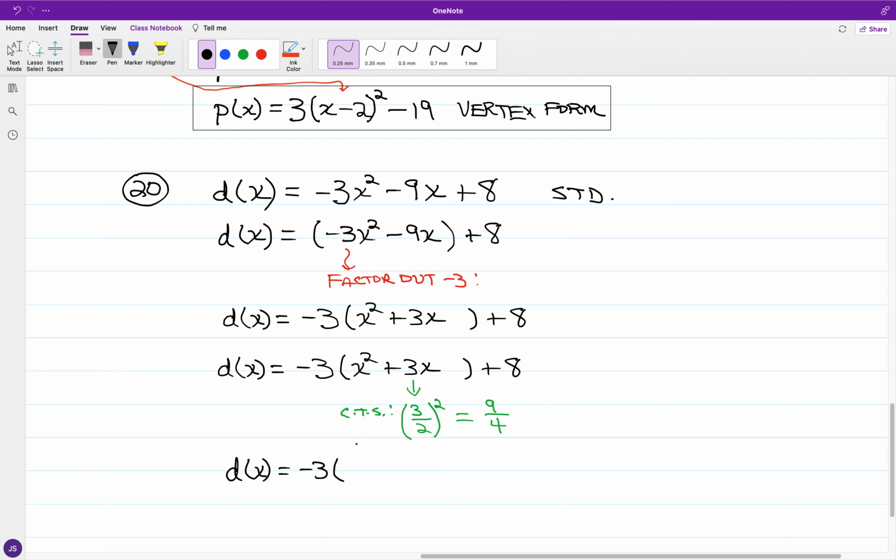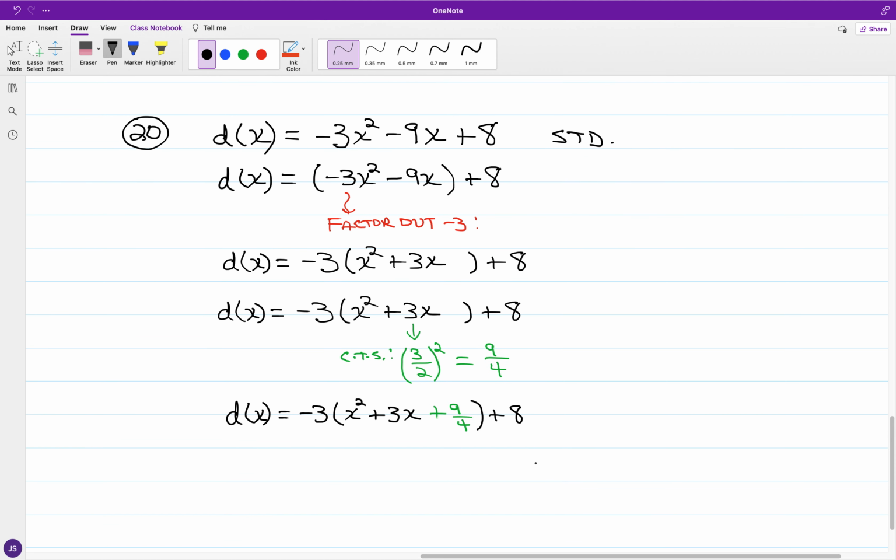So for d of x, we have negative 3 times the quantity of x squared plus 3x plus 9/4, plus 8.